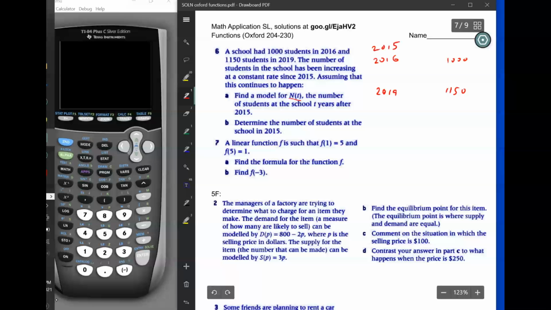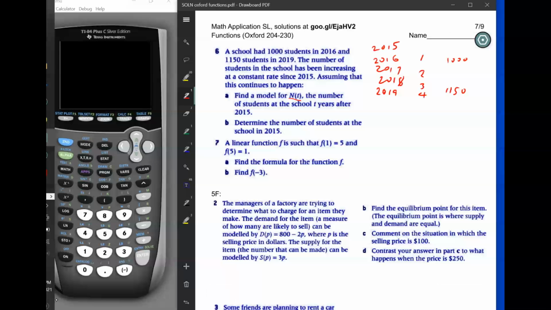So the model is for n of t, which means t is the x-axis and n is the y-axis. And t is the number of years after 2015. So 2016 is actually a value of 1. And 2019, let me fill in the missing years, would be 4. Okay?